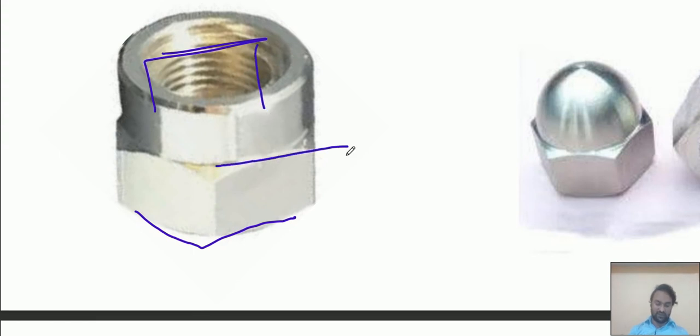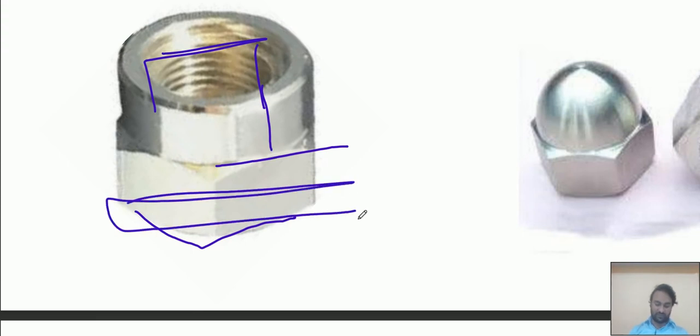Obviously there are threads here, and then after some distance there is no thread, in this space, and this end is like this. So it is called a cap nut. What is the objective of using this?